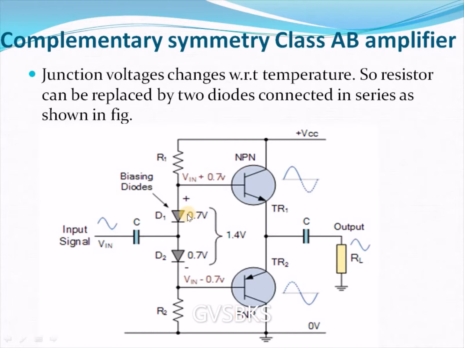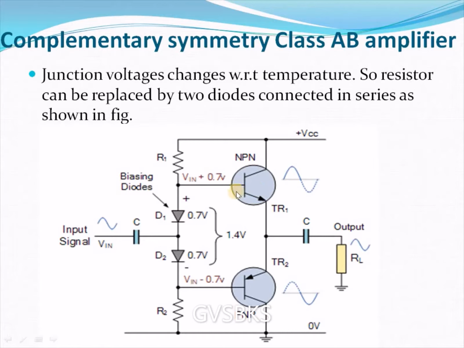Apart from this, one thing we can understand: if you use the diodes like this, then whatever variations occur in the junction voltages of the transistors with respect to temperature, the same thing will happen if we use similar types of diodes here. Suppose both transistor and diode should be germanium or should be silicon.